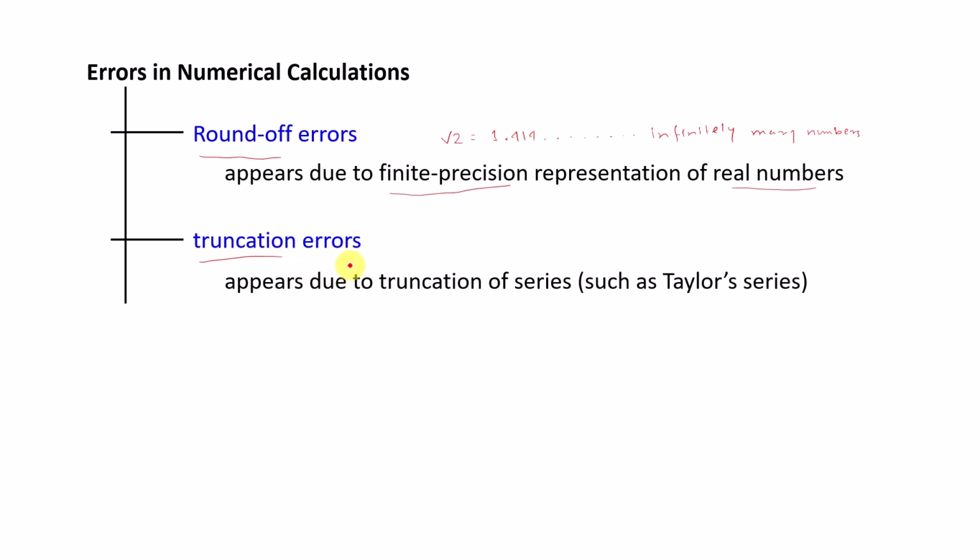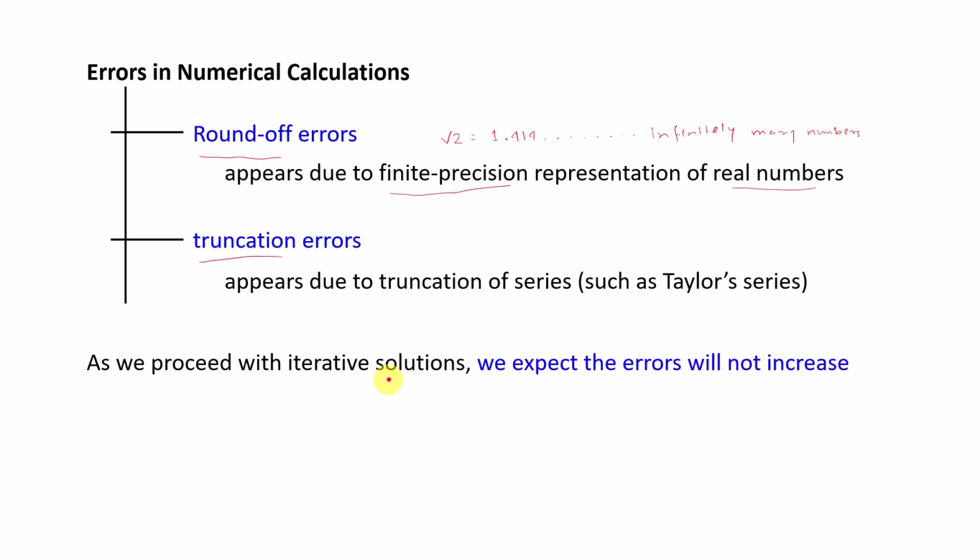Even if I write the best computer program, even if I write calculations absolutely nicely, there will still be errors, and those errors are coming from rounding off, which is a practical problem because in a computer we cannot represent infinite precision numbers. Similarly, truncation error, that is truncating the Taylor series, is at the heart of Newton-Raphson as well as many other algorithms. Therefore, we cannot avoid that, and this will bring errors.